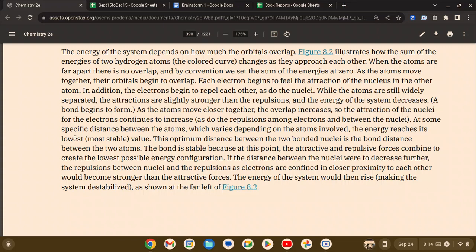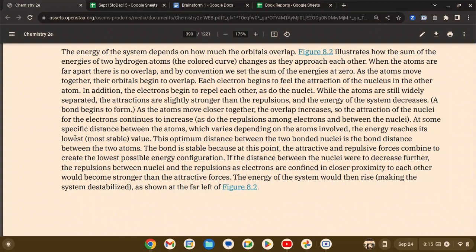As the atoms move closer together, the overlap increases, so the attraction of the nuclei for the electrons continues to increase, as do the repulsions among electrons between the nuclei. At some specific distance between the atoms, which varies depending on the atoms involved, the energy reaches its lowest, most stable value. The optimum distance between the two bonded nuclei is the bond distance between the two atoms.